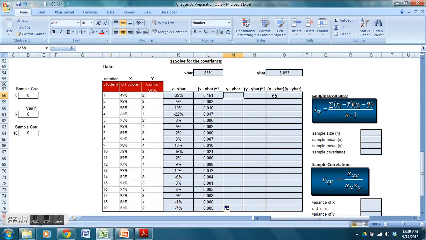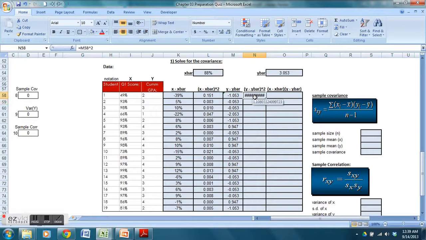Y minus y bar. So here's our y observation. Subtract y bar from there. Drag that down. There we go. And same thing here, y minus y bar squared. So we can just take this and square it.